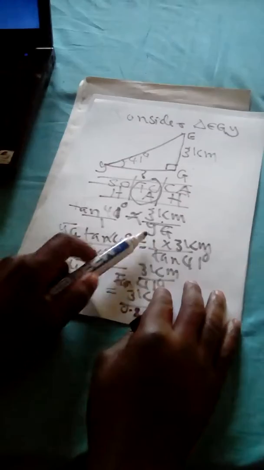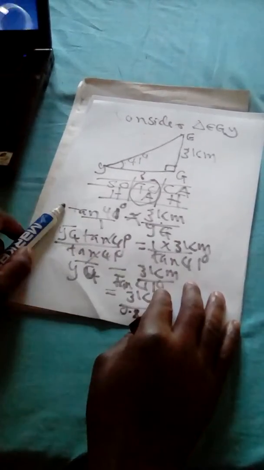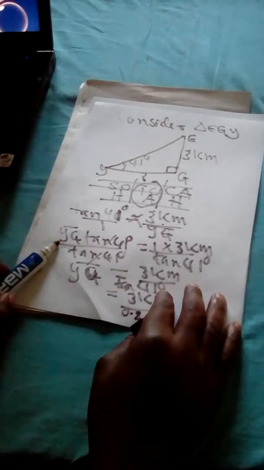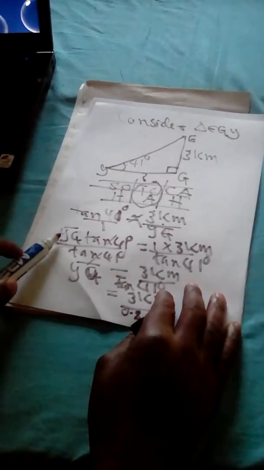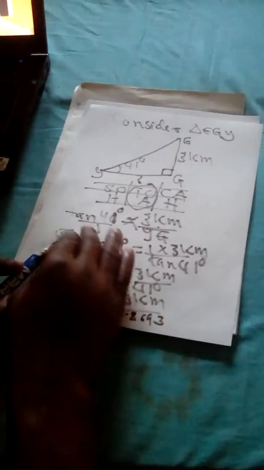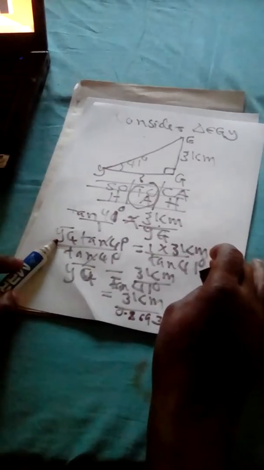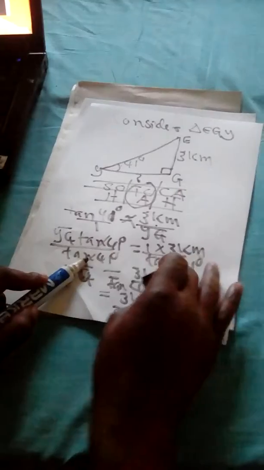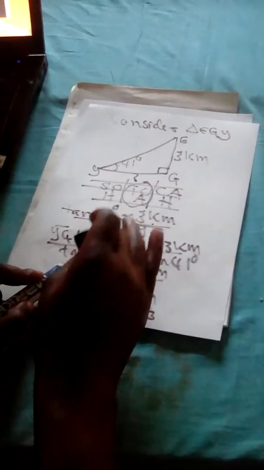Now, in order to calculate YG, we need to do cross multiplication, and then we make YG the subject. So YG times tan 41 equals 1 times 3 kilometers, and then you divide by tangent of 41 on both sides, so that you cancel the tangent of 41 from this side.